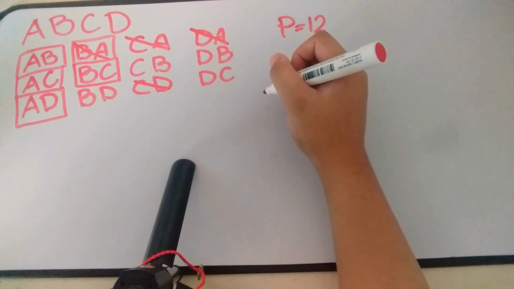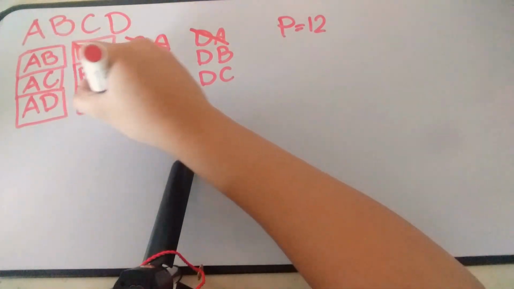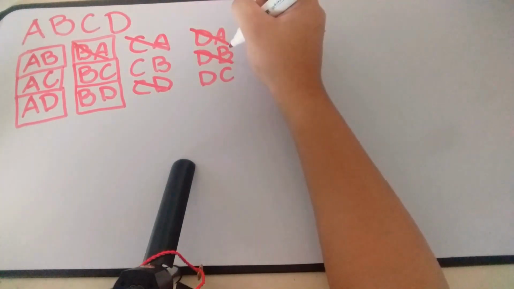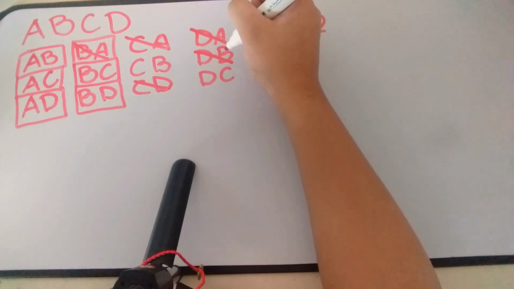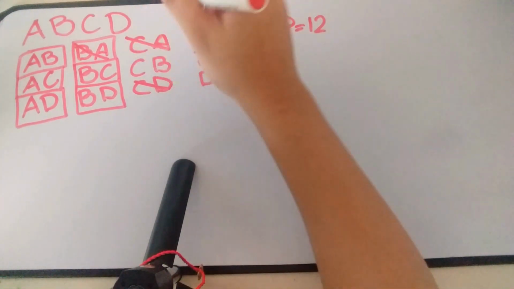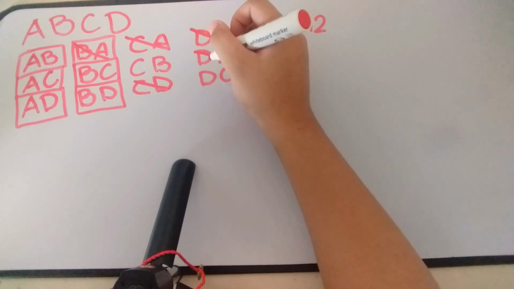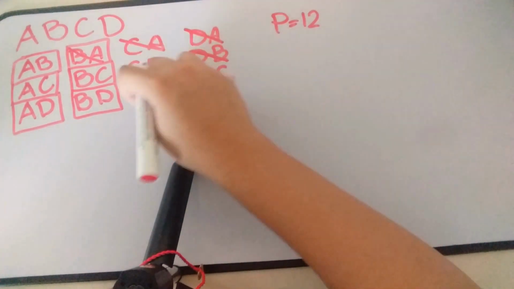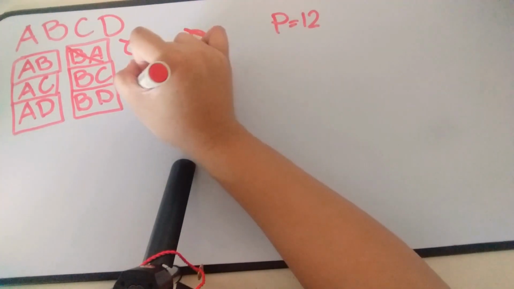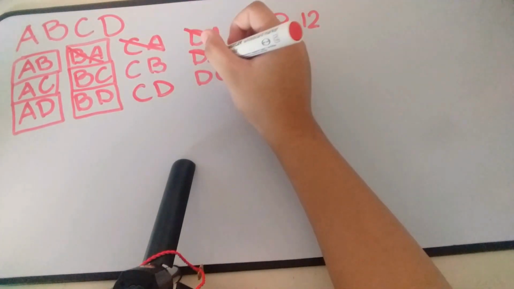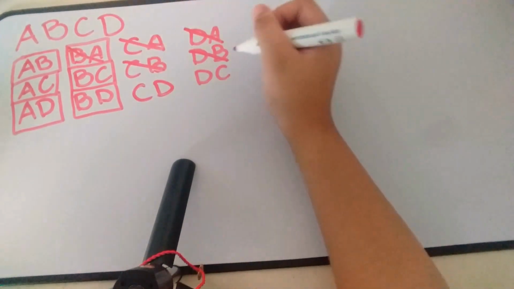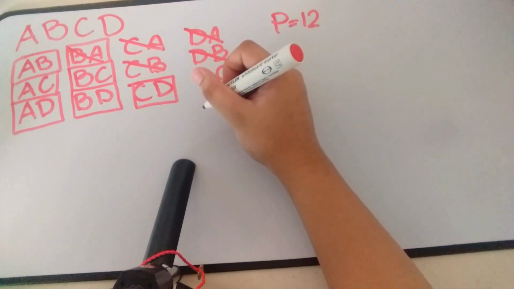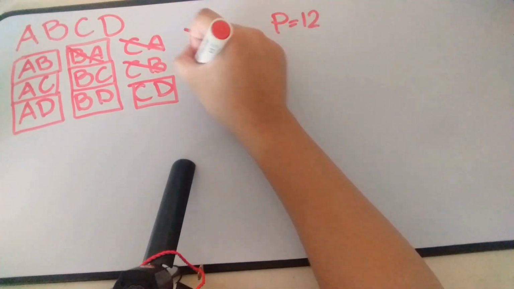If we're going to use BD, we can't use DB. And finally, if we're going to use CD, we've got to get rid of DC.